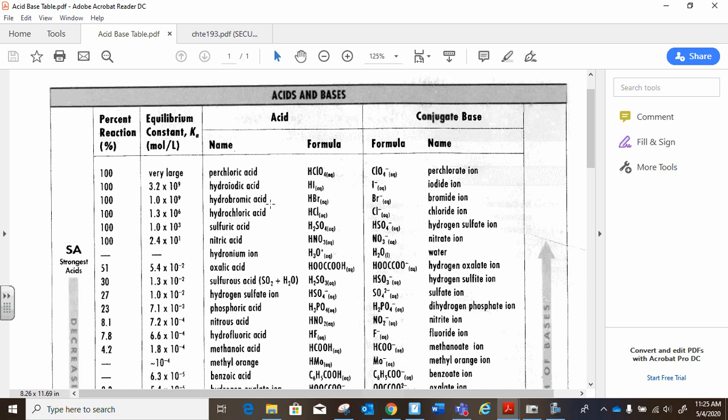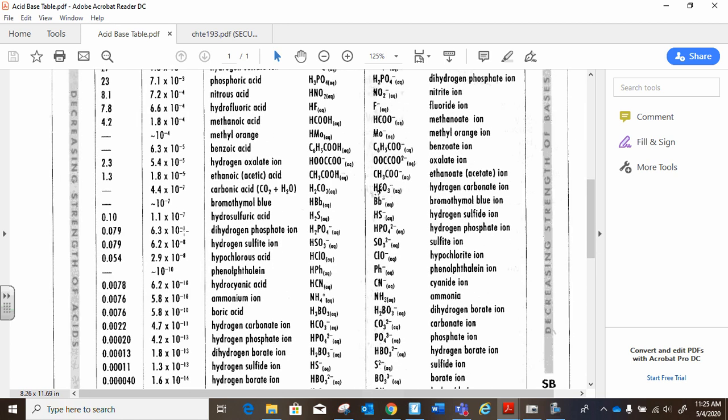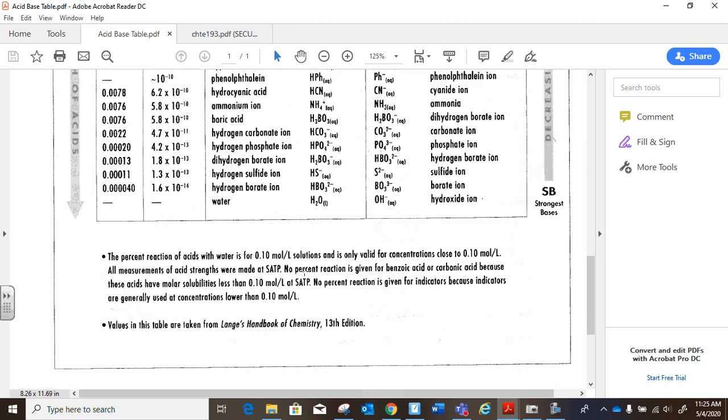A couple other things to notice about this acid-base table. These equilibrium constants, Ka, here they're given in units of moles per liter, but as I'll mention in your notes in a second, IUPAC doesn't give Ka any units. These Ka values were determined at room temperature and pressure, so all these values are relevant at temperatures of 25 degrees Celsius.